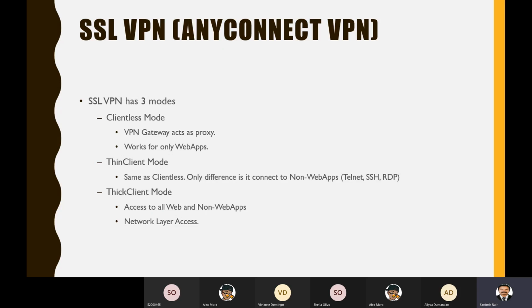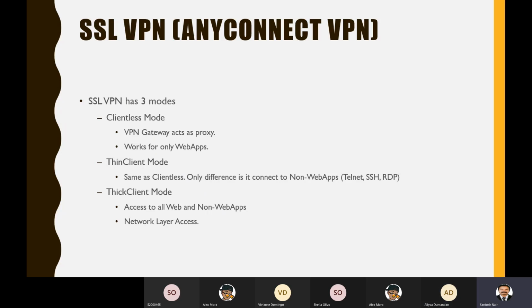So remote access VPN, you understood, right? What is remote access VPN? It's accessing the network remotely from an endpoint, from the user perspective. So if we are using it like that, then we mention it as remote access VPN.